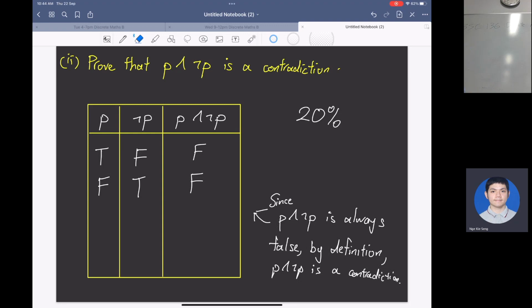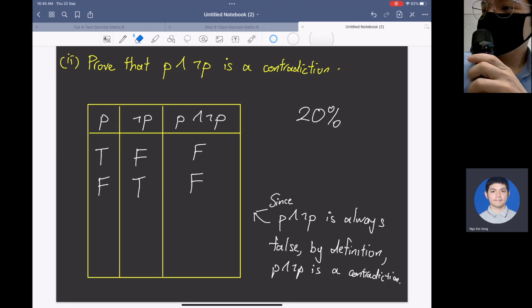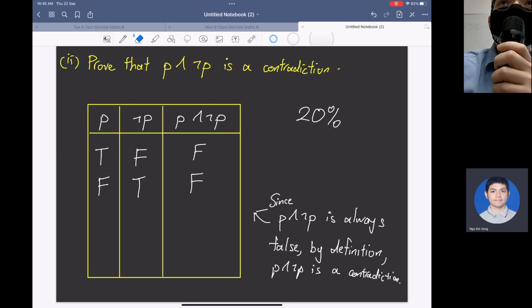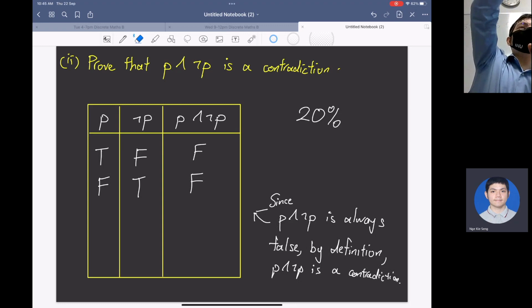After 2 minutes, I want one question from each row. You can come up with your own example, your own question, anything, or something you don't understand about today's content. Row, I mean column. One column.